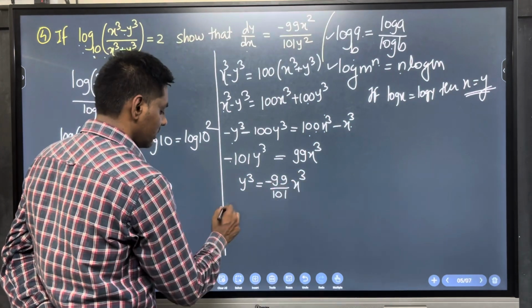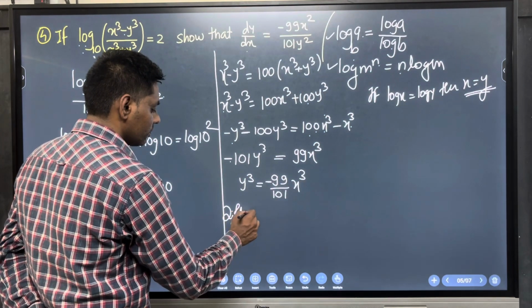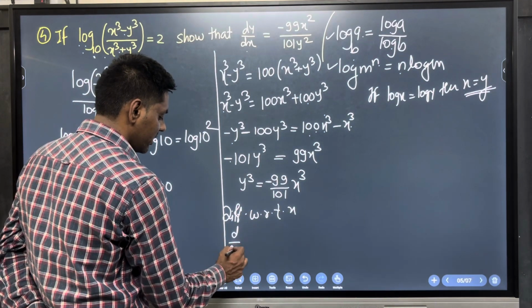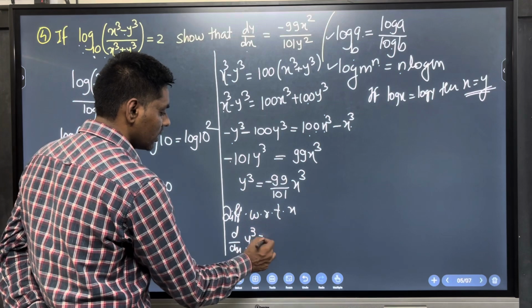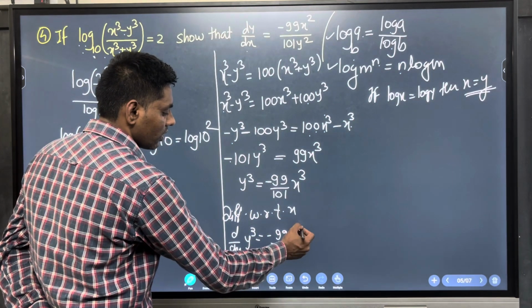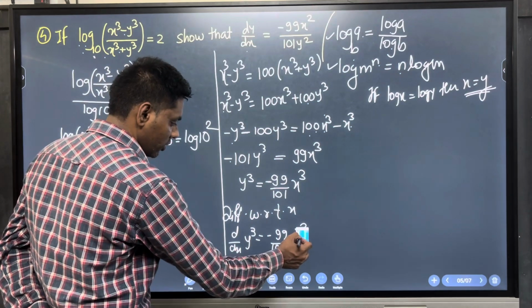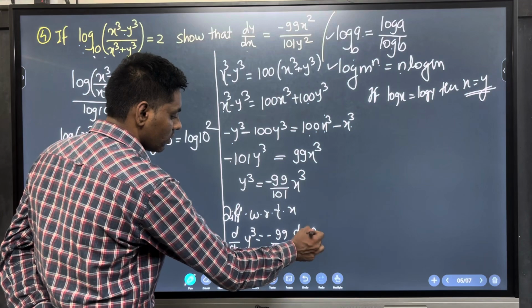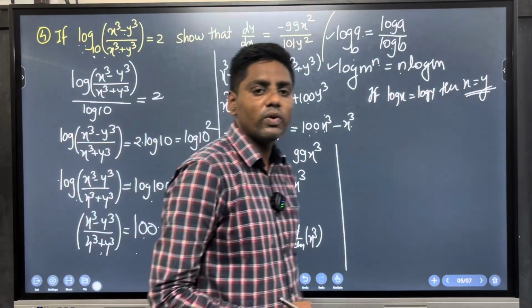Now take the derivative. Differentiate with respect to x. We get, applying d/dx on both sides, y cube equals minus 99 divided by 101 into x cube, and just take the derivative of that function. So what is the derivative of y cube? You have to use the formula for x raised to n.